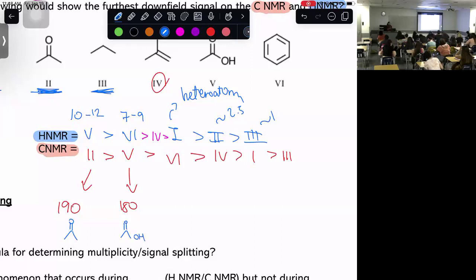Now, remember what we talked about before. The more deshielded you are means that the closer you are to some deshielding factors such as an electronegative atom or something that's electron dense. Now, they both have a carbonyl area. Okay, they have the same deshielding factor, but then we see that we have an oxygen right here. We have one extra deshielding factor.